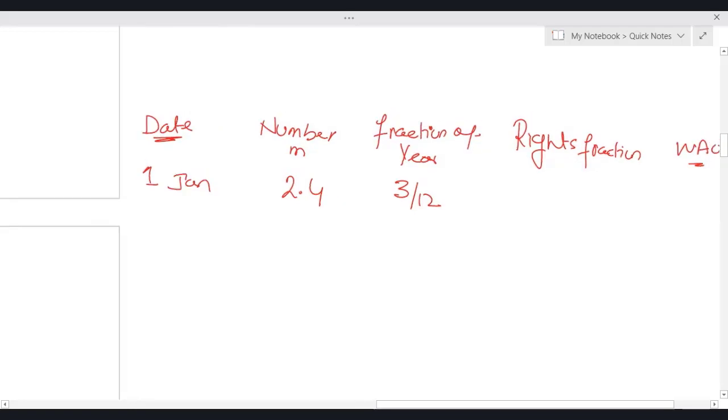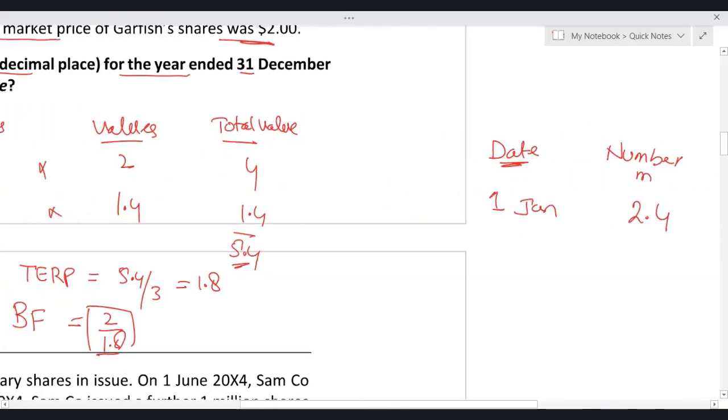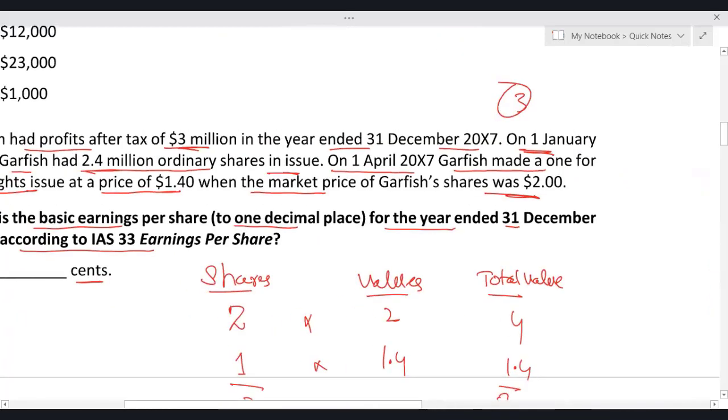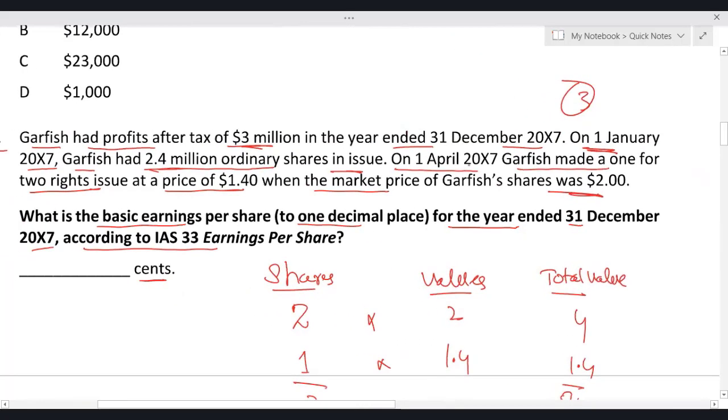Now, after these 3 months, what happened? That is very important. Please listen. On 1st April, the company made a right issue. The bonus fraction of the right issue, we will multiply with all those shares in the question that are before the right.